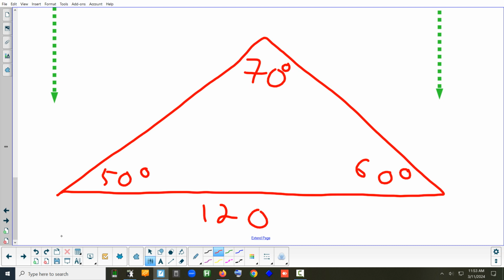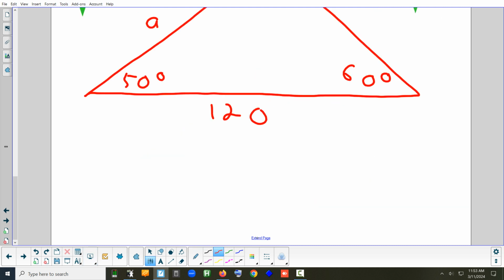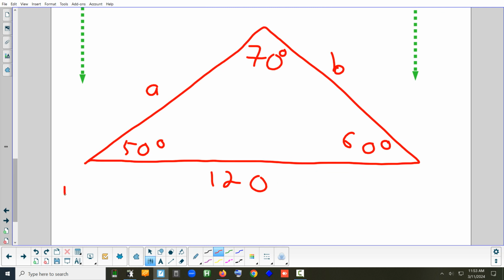And remember, we're finding the distance from the boat to each station. So let's call these sides A and B. How do we set this up to find A first?